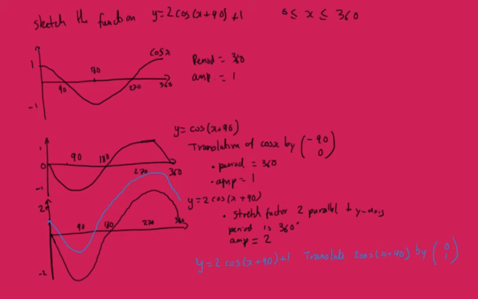This is the black back on. This is minus 1, and this will be 1. So the period remains the same. It's still 360, and the amplitude is still 2.